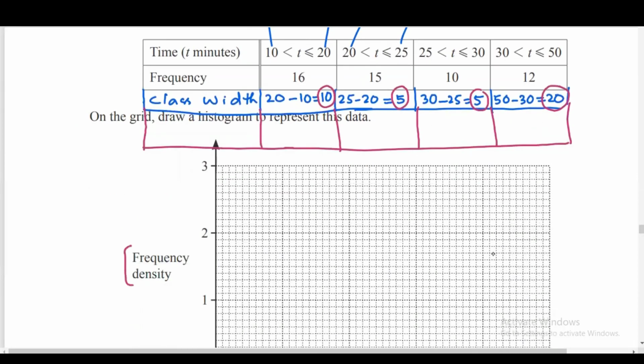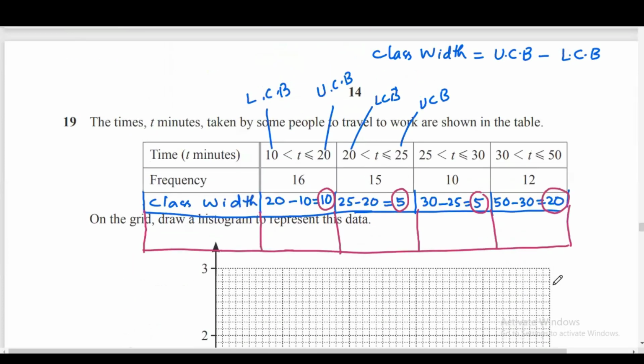So this is frequency density. You should know the formula for frequency density. Frequency density is equal to frequency over class width.